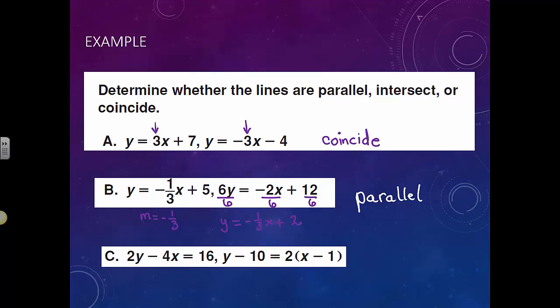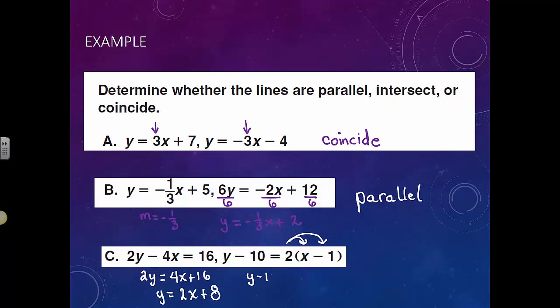This last one, I need to solve for y also to see what my slope is going to be. So I would add 4x to both sides. So I would get 2y equals 4x plus 16. Then I would divide everything by 2, and I would get y equals 2x plus 8. Okay, this one is not in slope-intercept form, so I have to get it there by distributing my 2.